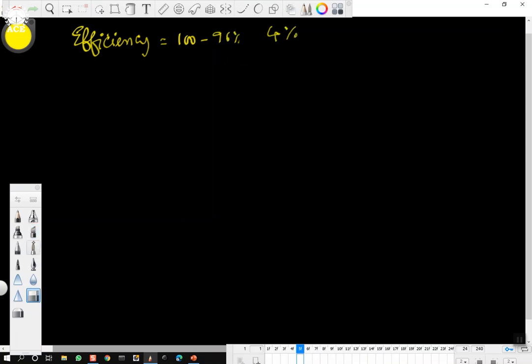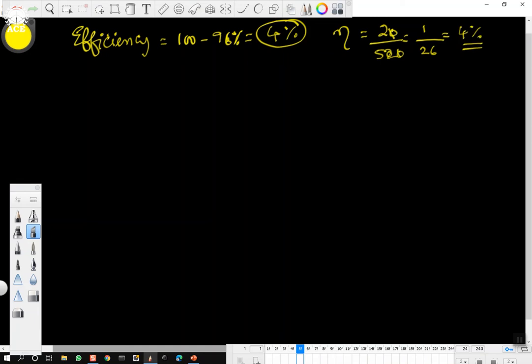The efficiency of the stop and wait protocol is only 4%. In another way, you can also calculate like this: efficiency is 20 milliseconds busy out of 520. So this is 1 by 26, which is about 4%. You can check, 1 by 26 is 4%.